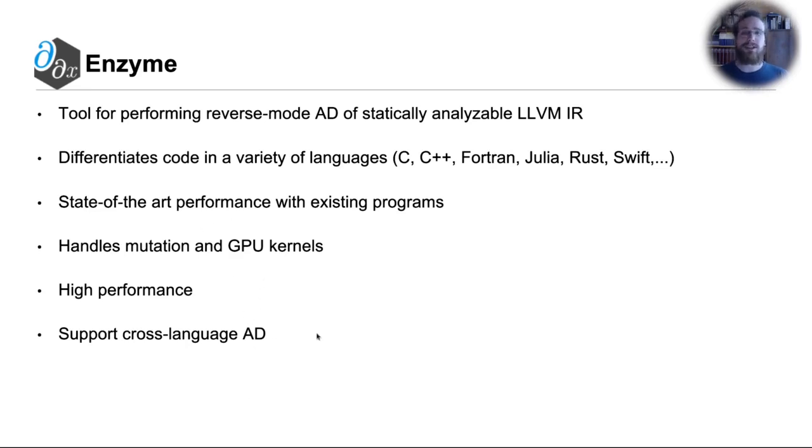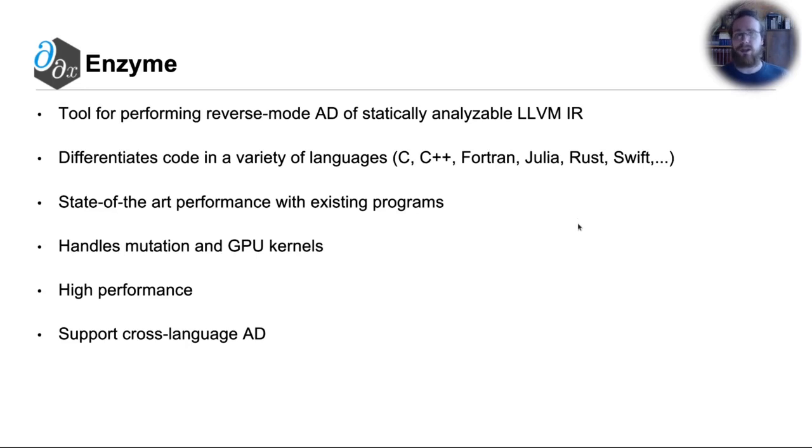So to summarize, Enzyme is a tool for performing reverse mode automatic differentiation of statically analyzable LLVM IR. And as we've shown, that statically analyzable is expanding with language-specific extensions. So in Julia, we can now have dynamic calls supported as well. It can differentiate code in a variety of languages: C, C++, Fortran, Julia, Rust, Swift, and everything else that targets LLVM IR.